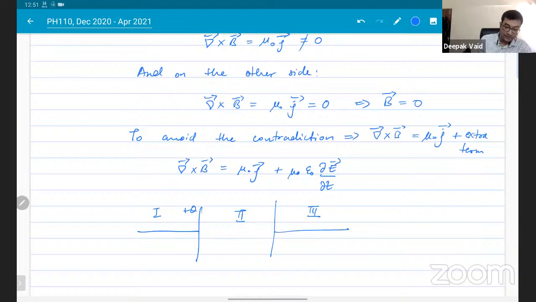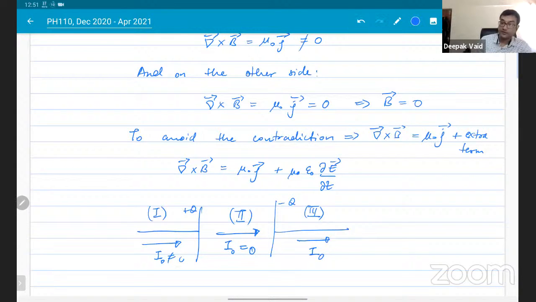So this is plus Q, minus Q. Here I have some current, I. So this is region 1, and this is the current, not to be confused with region 1. And so I'll put an I naught. But here in region 2, there is no I naught. Sorry, I naught is equal to 0. Here it's not 0, here it's not 0.